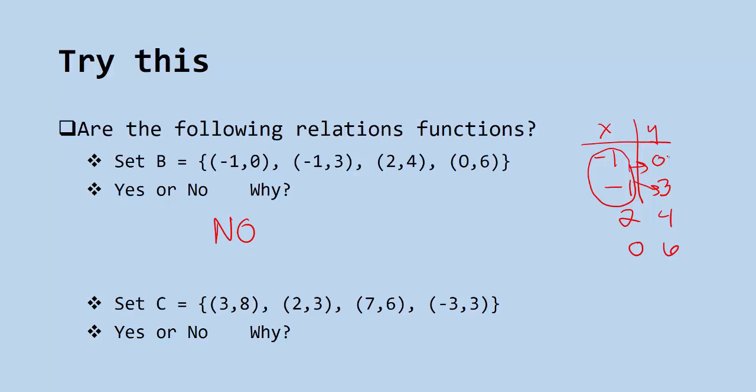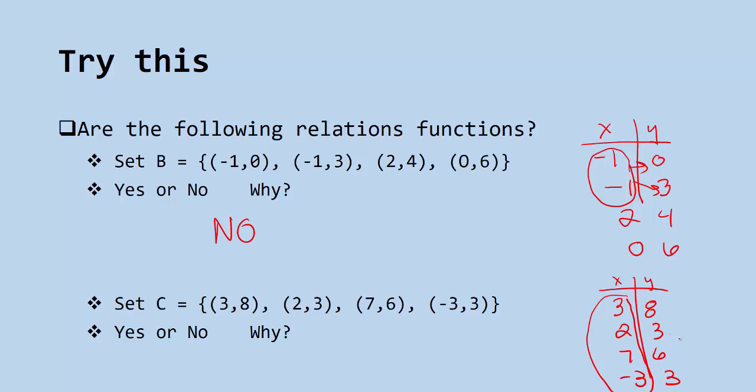We take a look at set C: (3, 8), (2, 3), (7, 6), (-3, 3). Again, I'll make a short little table here of my x and my y. Here's 3, 8. Here's 2, 3. Here's 7, 6. Here's -3, 3. So as you can see, on the left side where the x's are, there is no repeat of an x value.